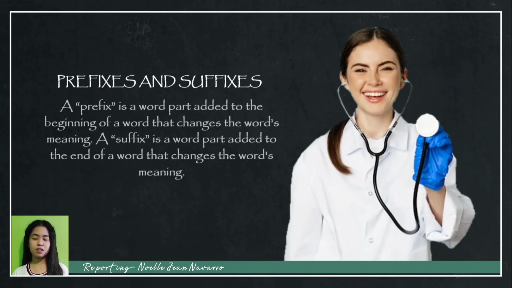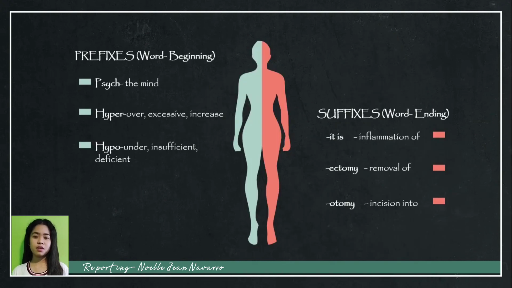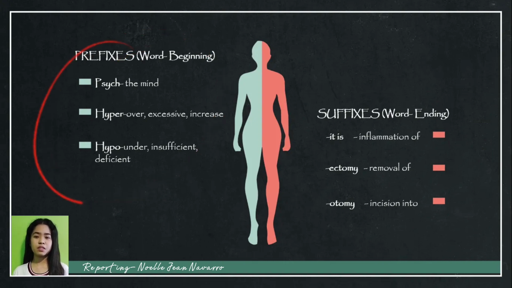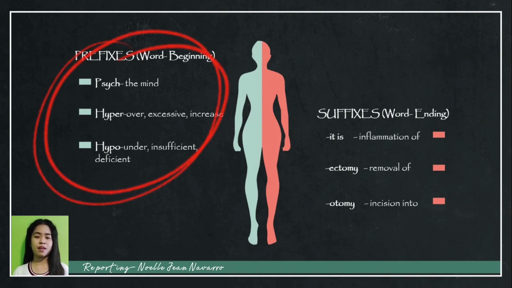Prefixes are letters added at the beginning of the word, while the suffixes are letters attached at the end of the words. These are the prefixes and suffixes which are common in medical terms. First is the prefix psych, which means mind or the mental process and activities. Second is the hyper, which means over, excessive, increase, or kumbaga nasobrahan or natamaan.